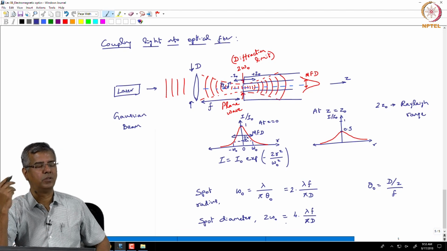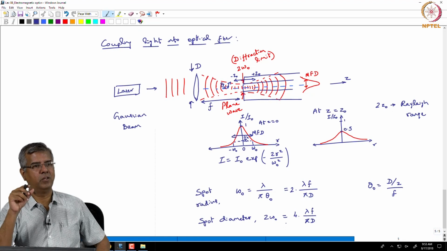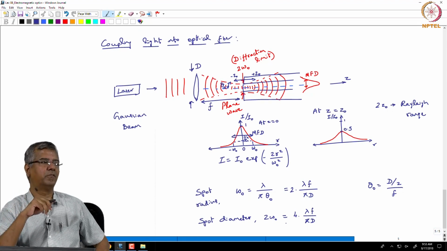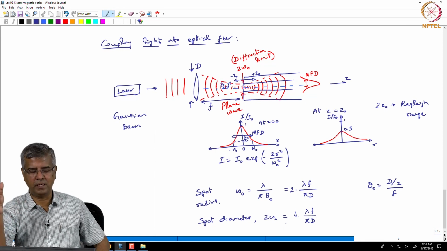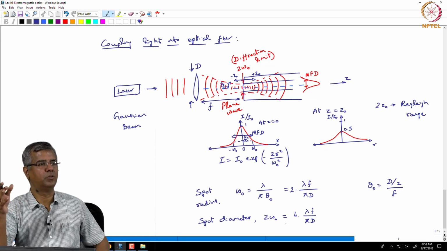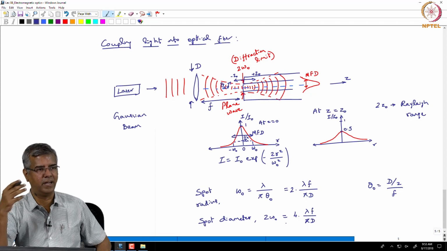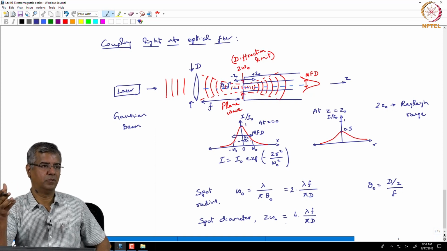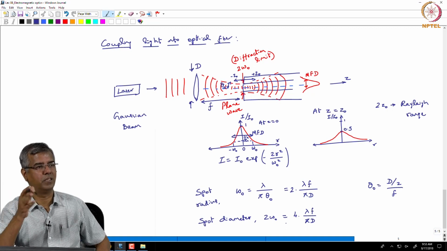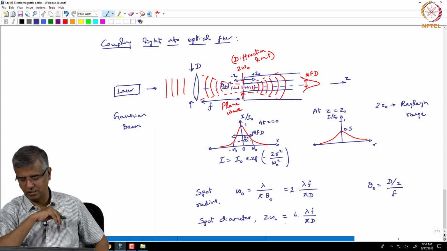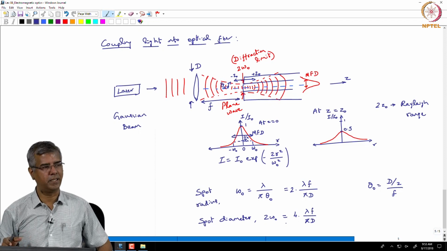If you want better and better resolution in lithography, you want to go to shorter and shorter wavelength. The semiconductor industry was using blue light, then ultraviolet radiation. Now they are talking about X-rays for lithography so that you can get finer and finer features. That is related to this.